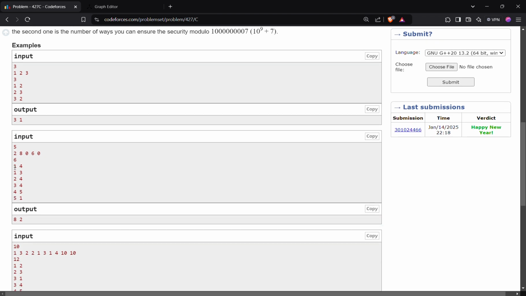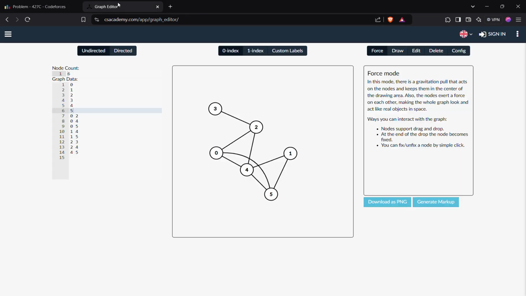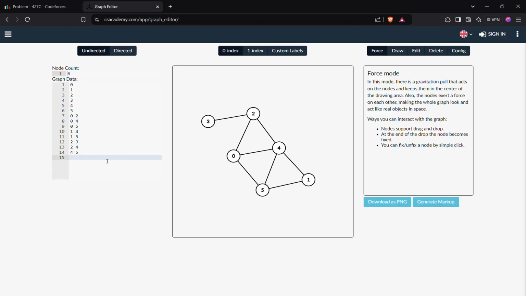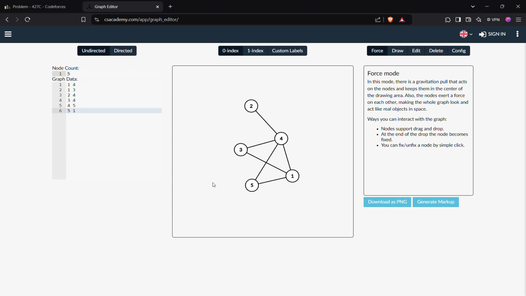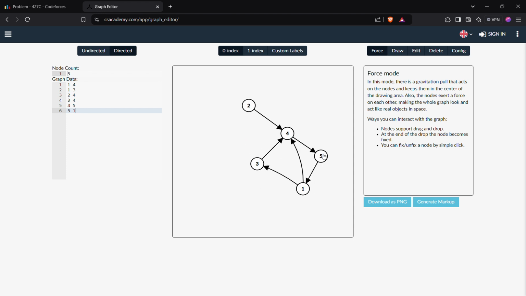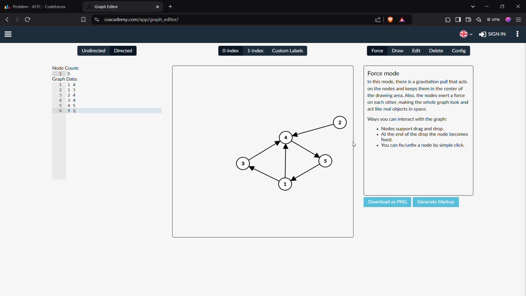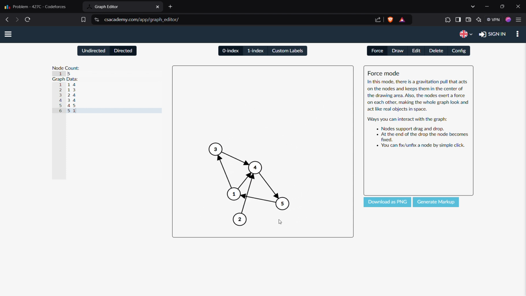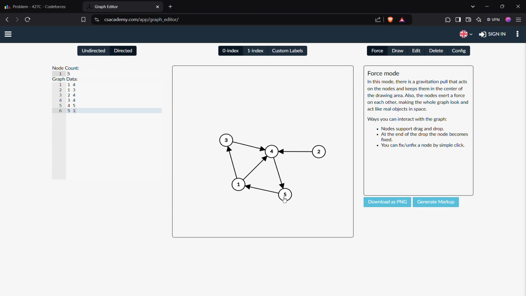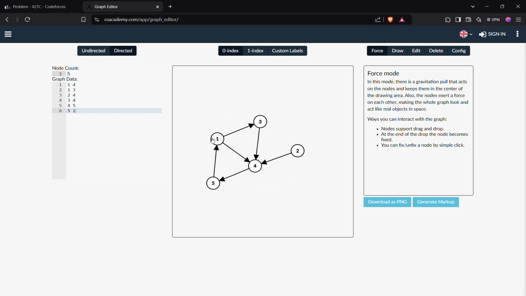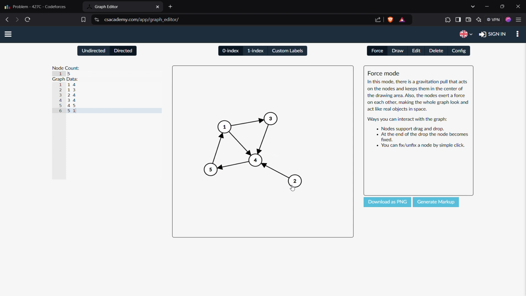Let's take a look at this sample test case. Right, and the graph is directed. So let us try to unwind this graph. Okay, looks fine, I think. Yes.